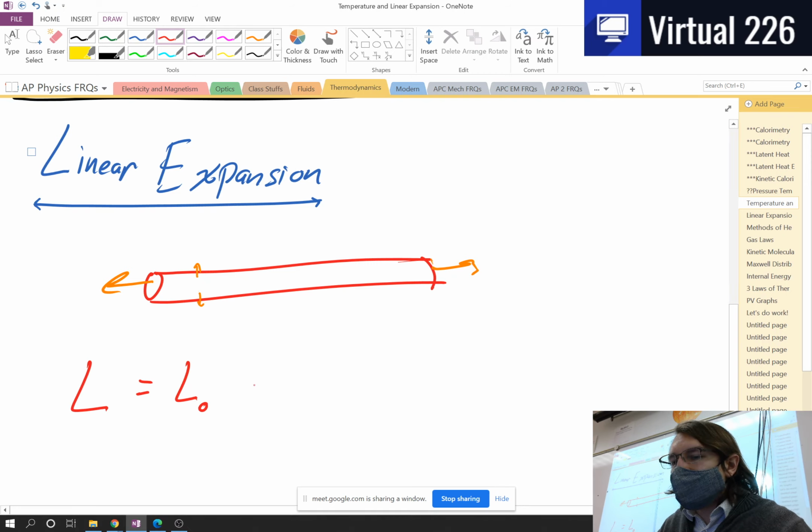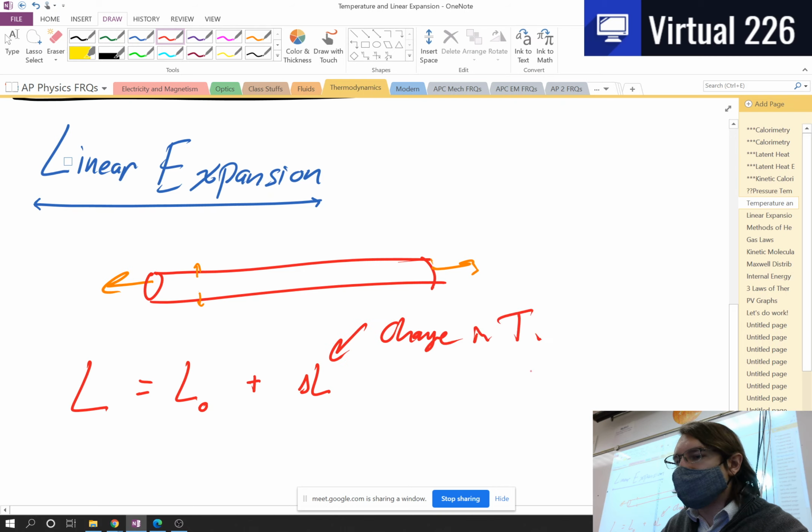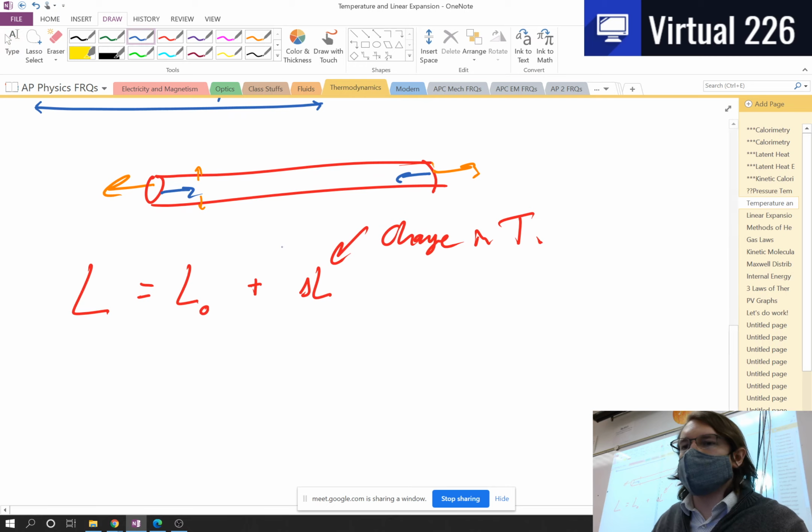But then there is plus, due to this change in temperature, some delta L here, okay? And this is due to the change in the temperature. So we need to analyze if we have a change in temperature, something getting hotter to get larger, or if we cool this down and it shrinks a little bit, how will that delta L influence this?